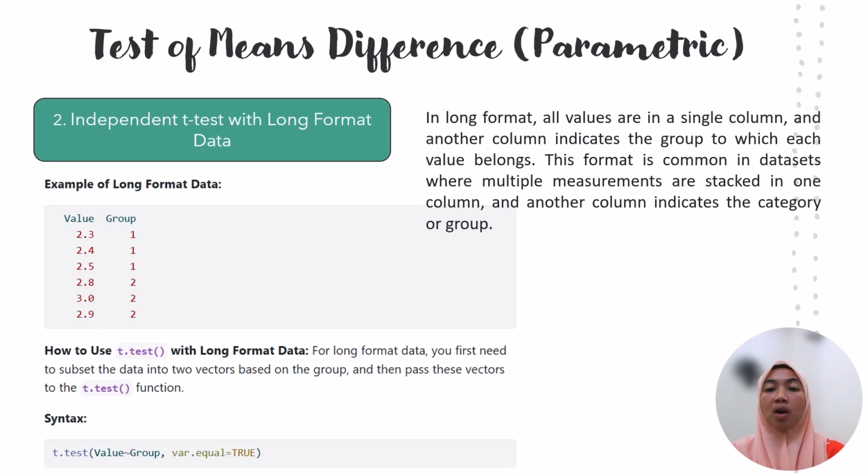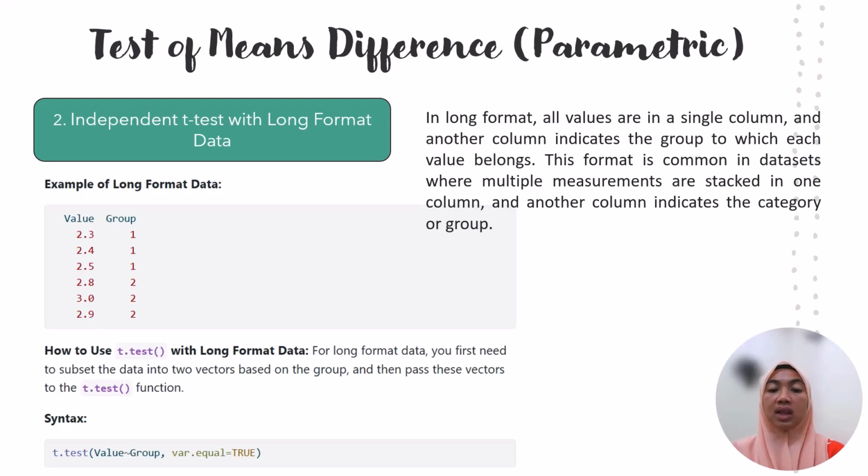This format is common in data sets where multiple measurements are stacked in one column and another column indicates the category or group. You can see the example of long format data: we have the value and we have the group.